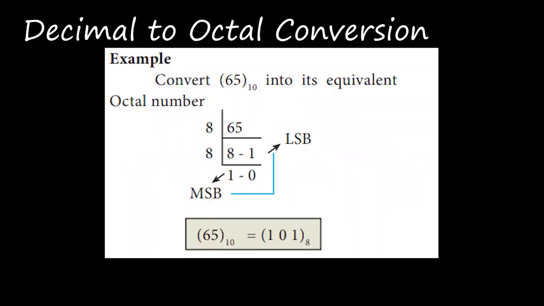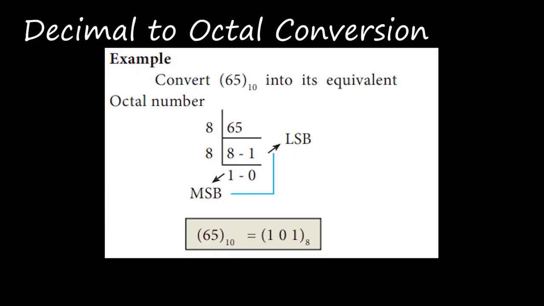As we divided by 2 for determining the binary number, here we repeatedly divide by 8. This method can be used to determine the octal number from a decimal number.